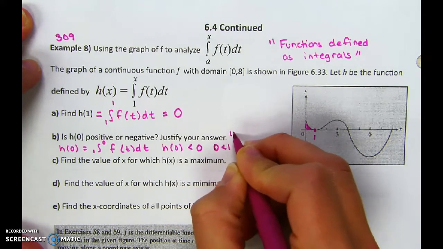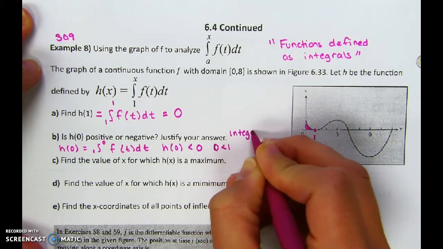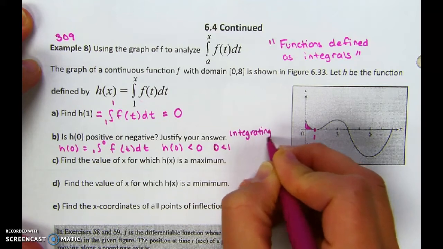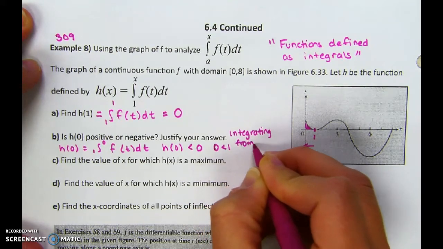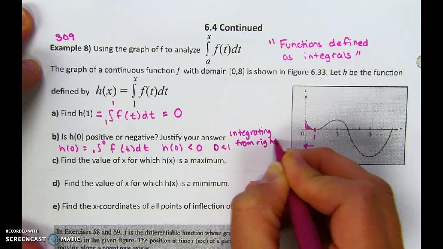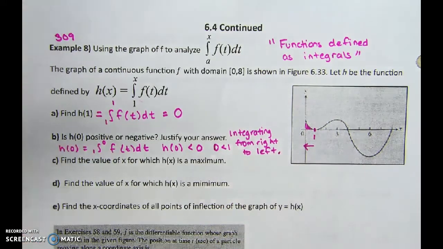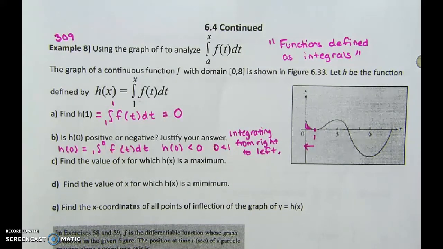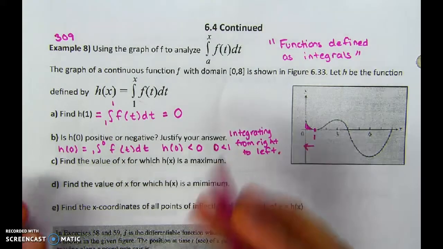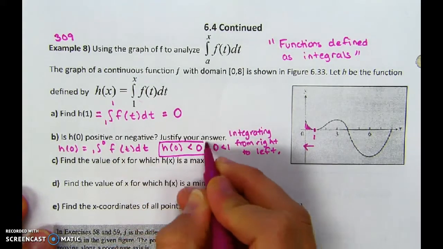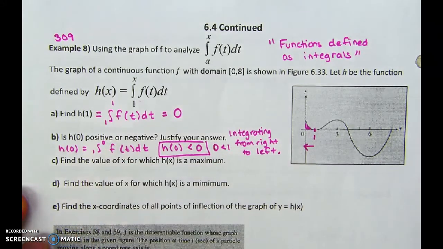We could say integrating from right to left. Or if you say moving left, that's okay, but we try to not use the word backwards in calculus. We say left. Just to let you know. Okay, what was the answer? Negative. h of 0 is negative. But we had to put that 0 in the place.